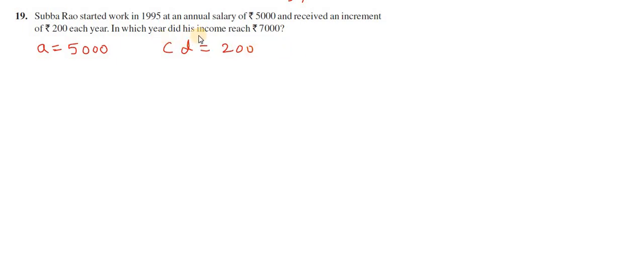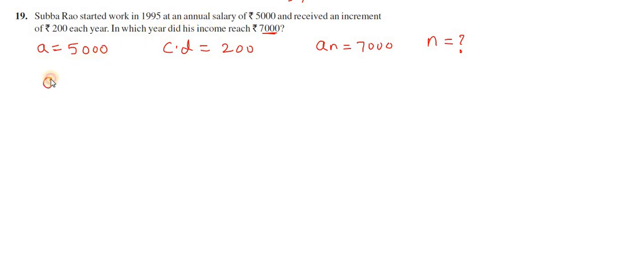Finally he should reach an, that is 7,000, and we need to find in which year, that is n. Every year you get an increment of 200, and 5,000 is the initial amount.